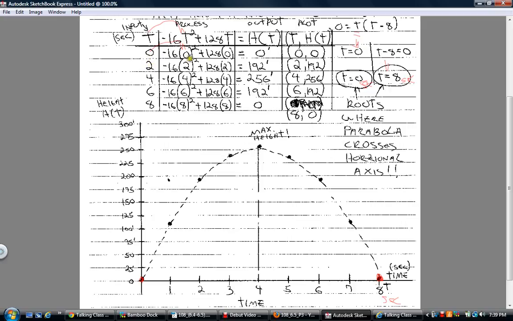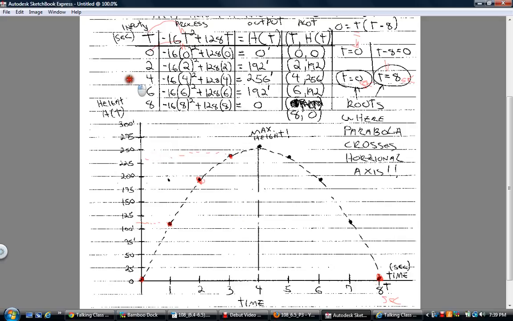You put in 2 seconds, grind out the math, and you find out that you're at 192 feet. 1 second in, you're at approximately 115 or something, I didn't do them all. So 3 seconds, you're at this height here.